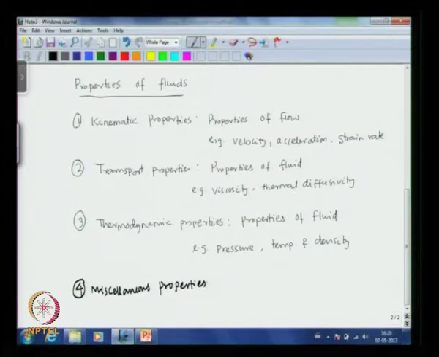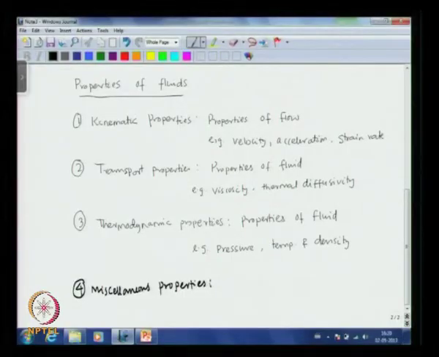The miscellaneous properties are the properties of the fluid that arise because of the interaction between the fluid and the wall, or fluid-fluid interaction, interaction between two fluids.